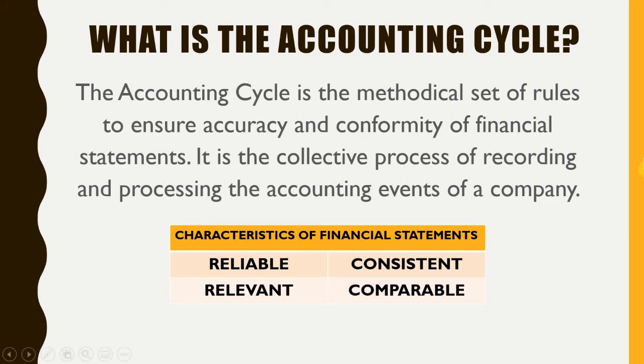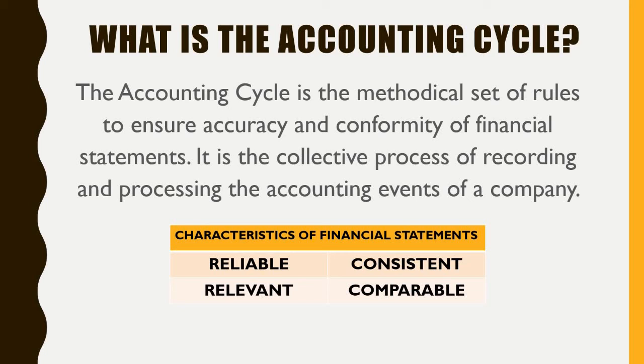So first off, what is the accounting cycle? It is a series of steps that you are required to properly put together basically all of your work. And what it does is it ensures the accuracy and the conformity of the actual financial statements. So what does that even mean?